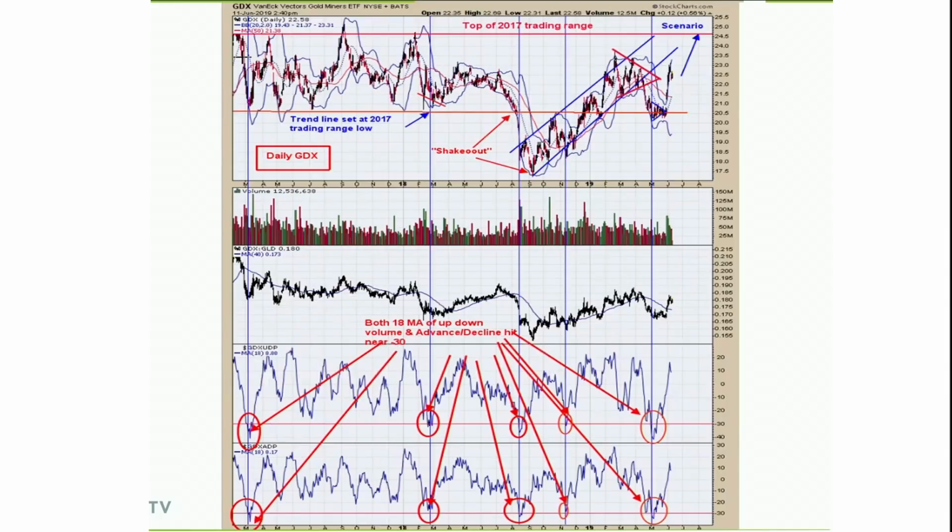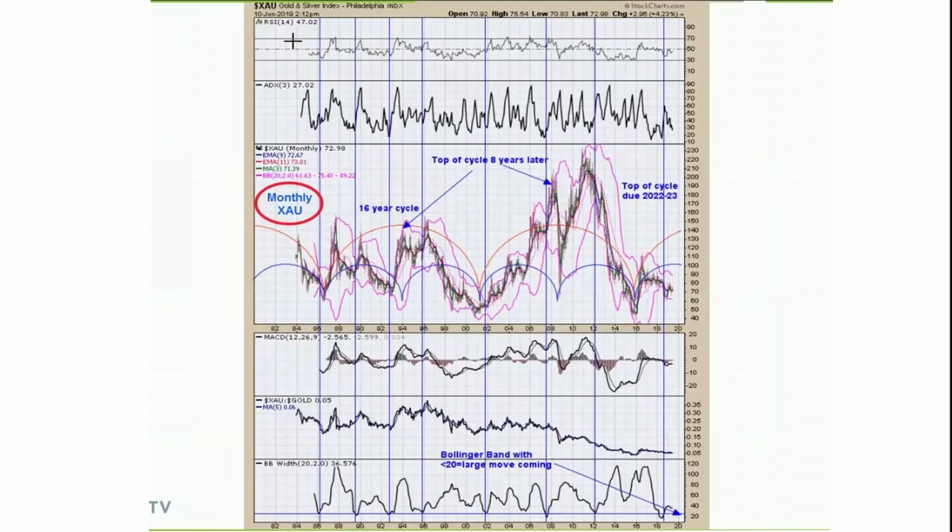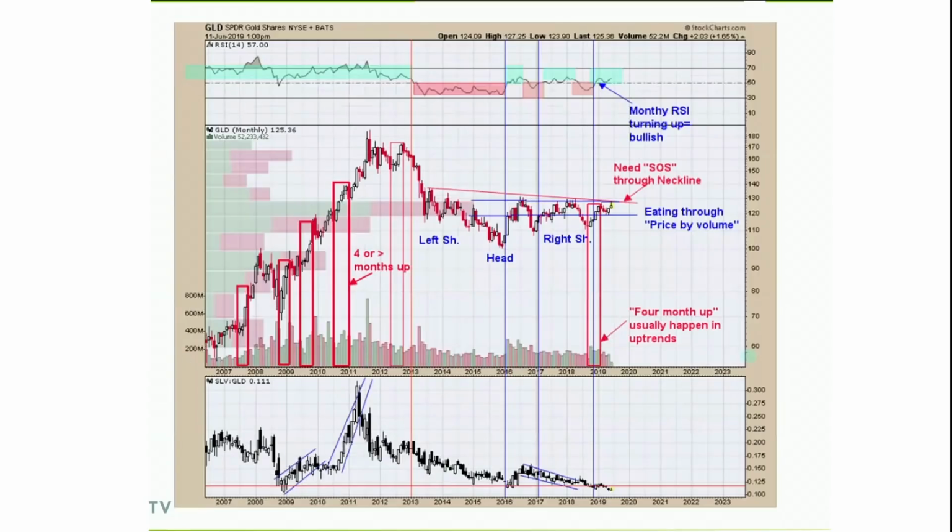Full disclosure, I own silver, so I have been kind of confounded by the fact it's just not performing alongside gold at all right now. But if you look at that ratio, ideally you're probably in a good spot. There it is, this ratio right here.